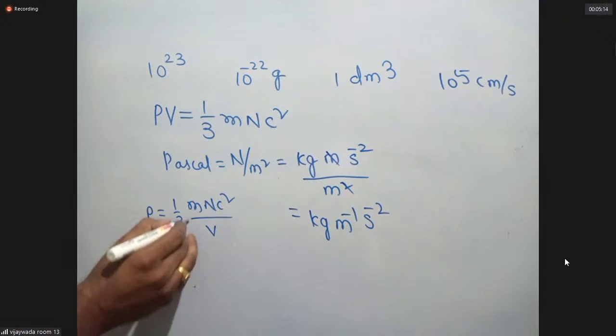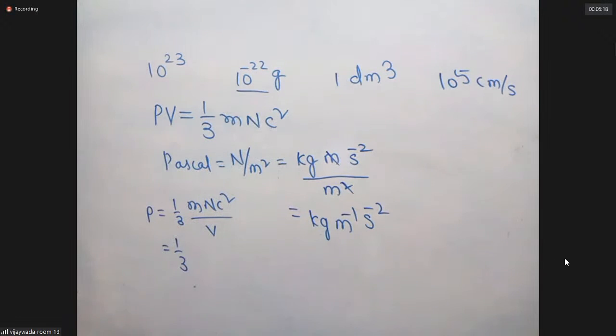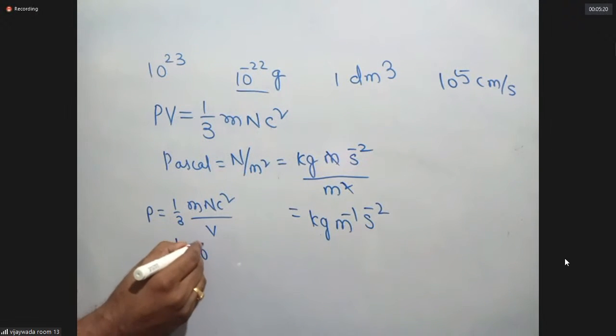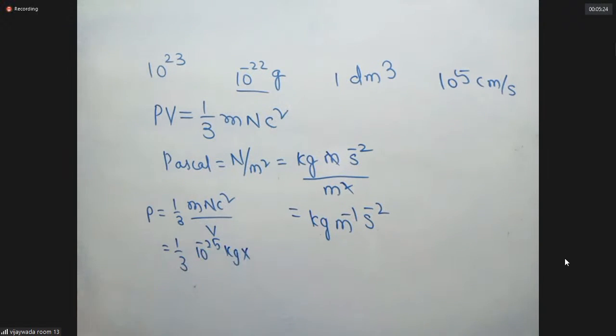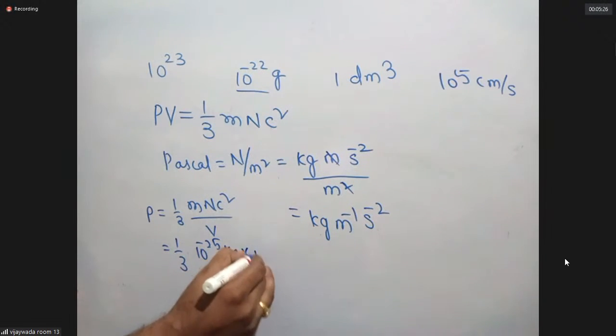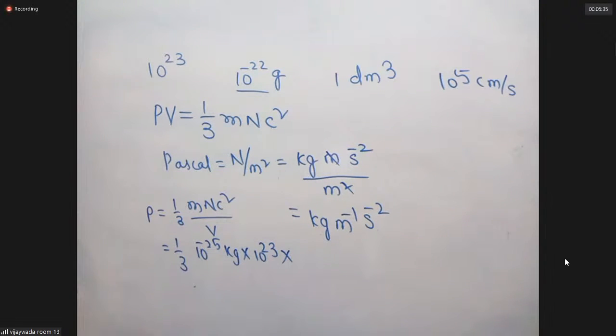1 by 3, mass should be in kilogram, but it is given in grams. Convert into kilogram, 10 to the power of minus 25 kilogram. Number of gas particles, 10 to the power of 23. And c square, RMS velocity, 10 to the power of 5 centimeter, but we need meters. 1 centimeter equal to 10 to the power of minus 2 meter.